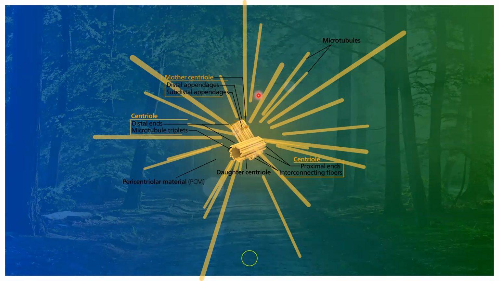And then these lines, these radiations show you that this mother centriole and the father centriole, which is going to be on the opposite end, will have microtubules extending just like this from the fiber. These centrioles will have extensions of microtubules. It will gather all the microtubules of the cell and use them first to align the chromosomes in the center and then pull them apart in the anaphase.